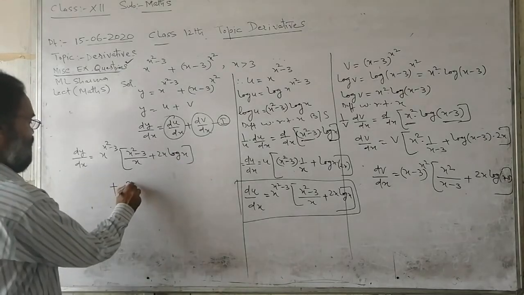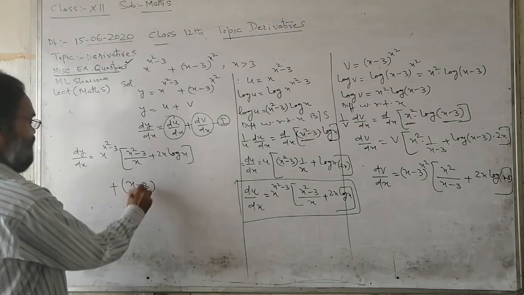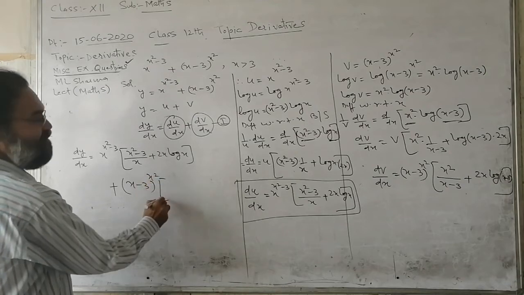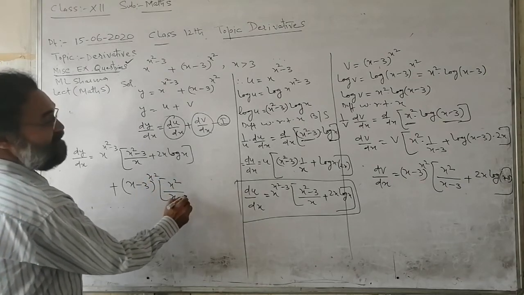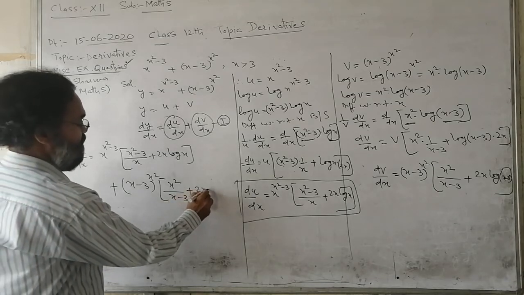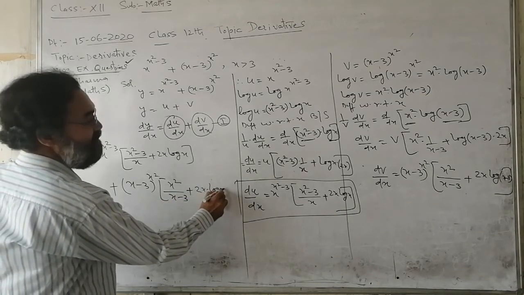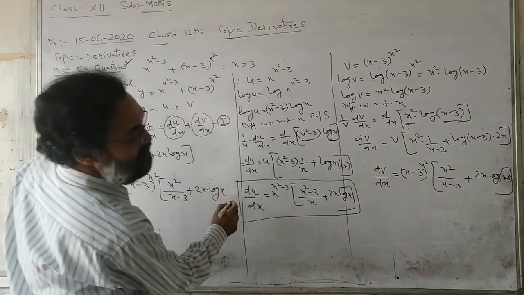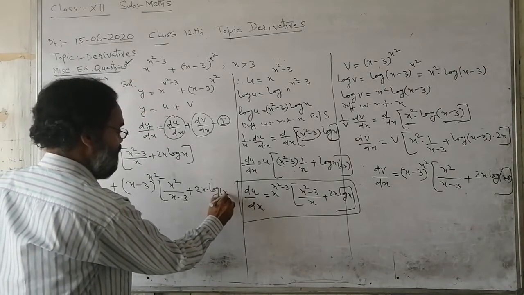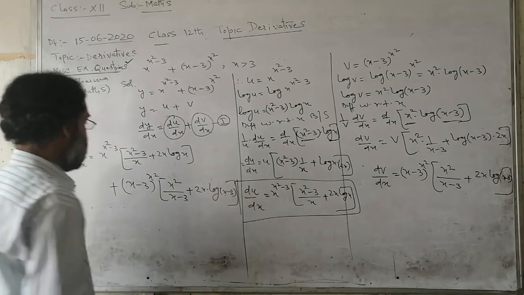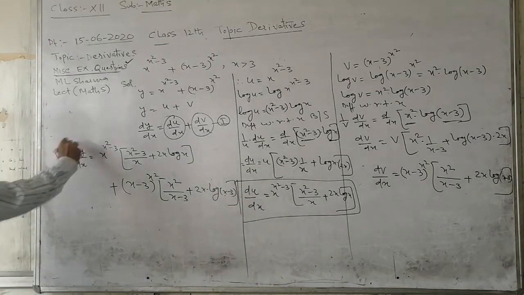This is (x minus 3) raised to x square, into x square upon x minus 3 plus 2x into log of x minus 3. So this is the final answer.